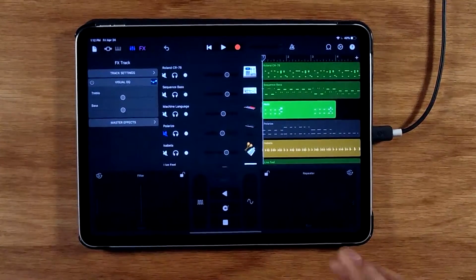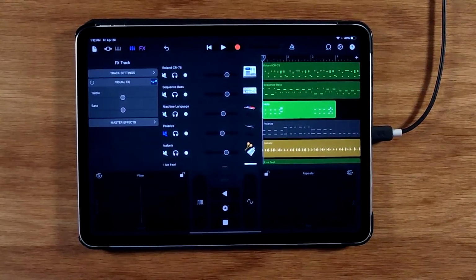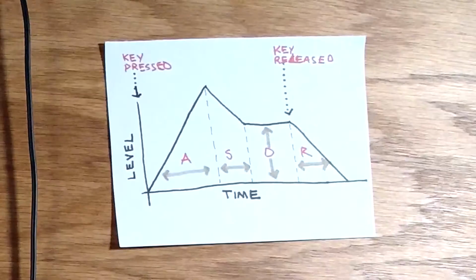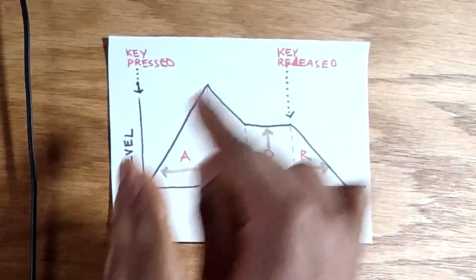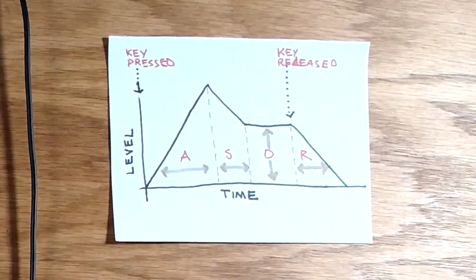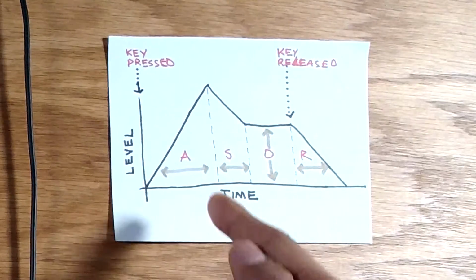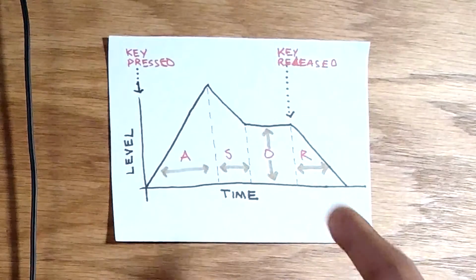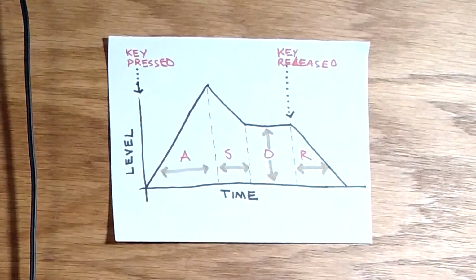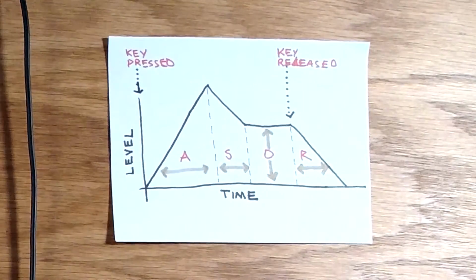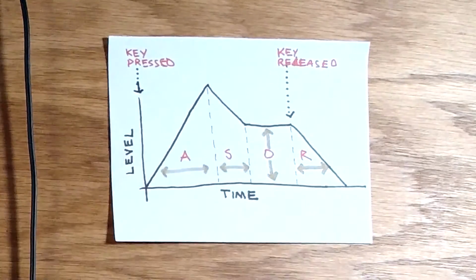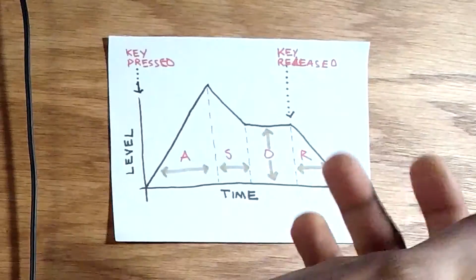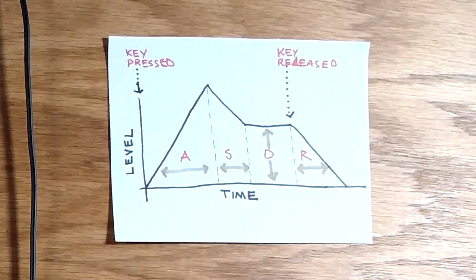We have control of these things, and we can control what happens over time with our envelopes. I think we're kind of experts on that now because we understand what attack means, sustain, decay, and release. It's pretty much the contour of the sound, right? And that contour of the sound packaged together is our envelope.